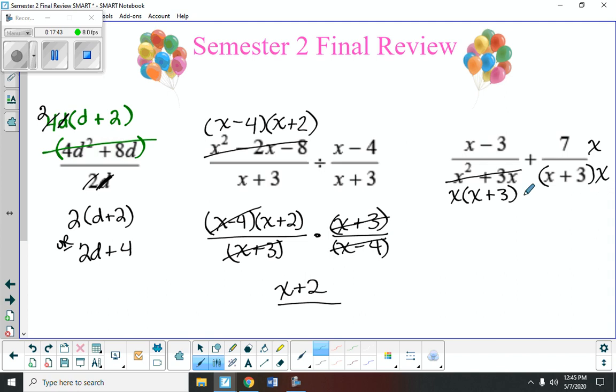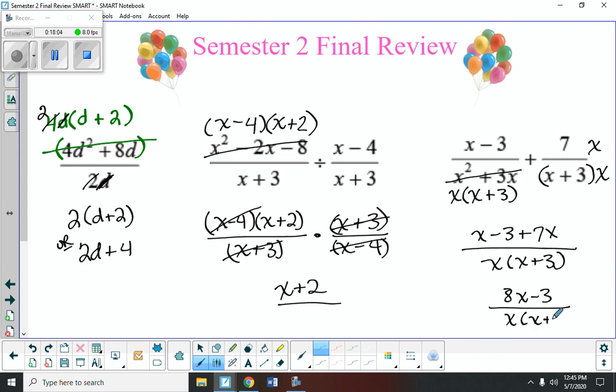So now notice the denominators are the same. And what we'll do is add across the top then. So you have x minus 3 plus 7x. And we can combine like terms. That would be 8x minus 3 over x times x plus 3. And that's your final answer.